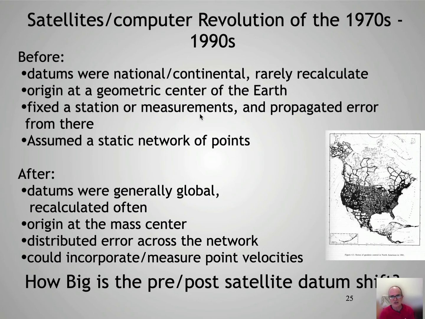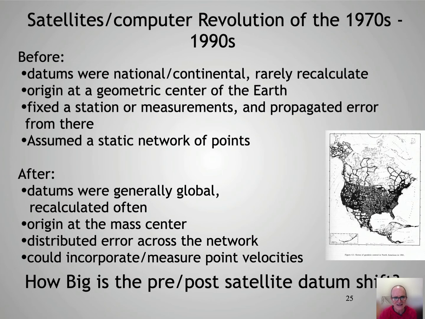And because we have this GPS which measures every day, we can incorporate and measure point velocities, right? So you have this big pre- and post-satellite datum shift, where post-satellite datums are much better, much more accurate, and pre are as good as they could be given the technology. And there's an evolution in between from mid-1980s to 2011 of the accuracies we could obtain with the old methods to the better accuracies we can obtain with satellite methods.